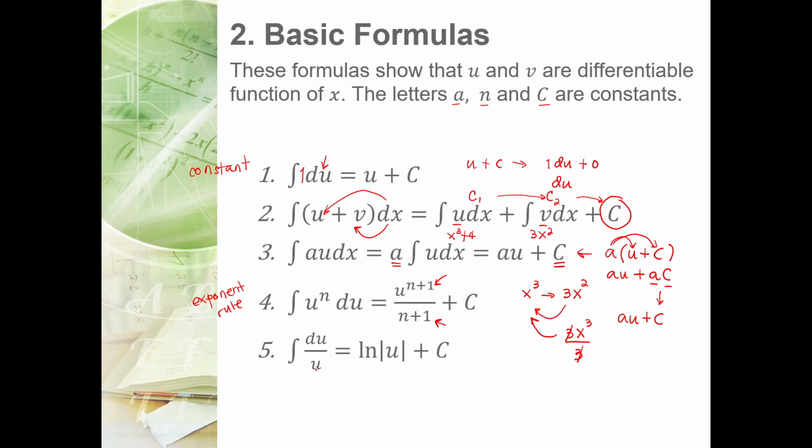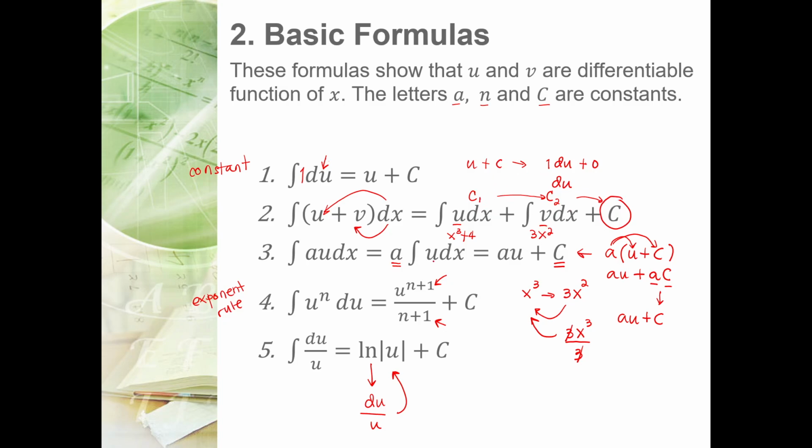So lastly is the logarithmic integral. In your differential calculus, the derivative of ln u is du over u. So of course, if we integrate this, it goes back to ln of u plus c.